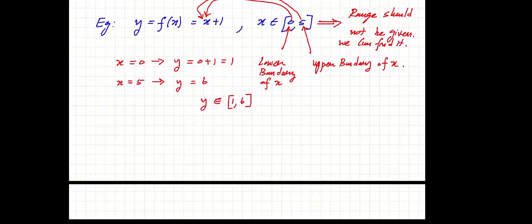Next one. Then how do you write these things in functional notation? This is how you write it: f, double dot. That means the name of the function is f. Then here you put the domain.